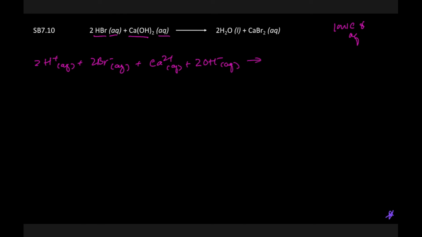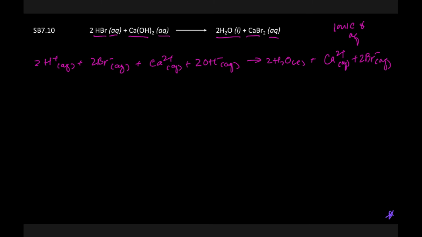Then on my product side, it says that I have water, which is a liquid. So water is not ionic, and it's also not aqueous, so it doesn't meet the criteria. We're just going to write that as it is. And here we have ionic and aqueous, so ionic means Ca2 plus and 2 Br minus aqueous.